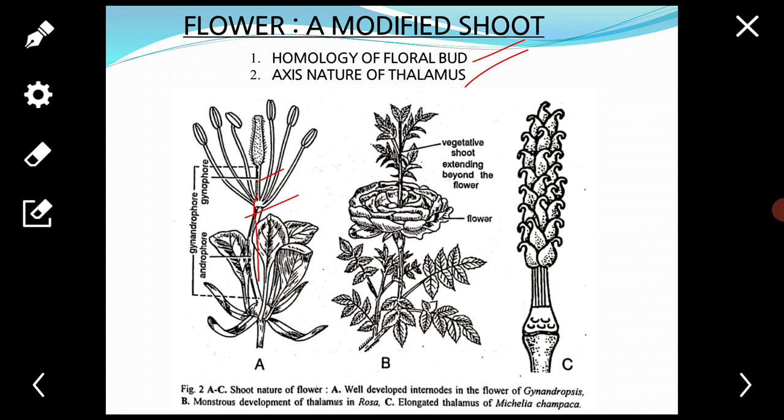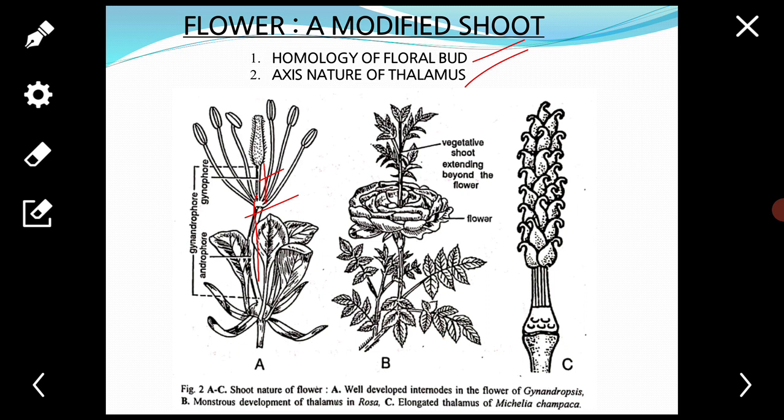Between the androecium and gynoecium, it is termed the gynophore.